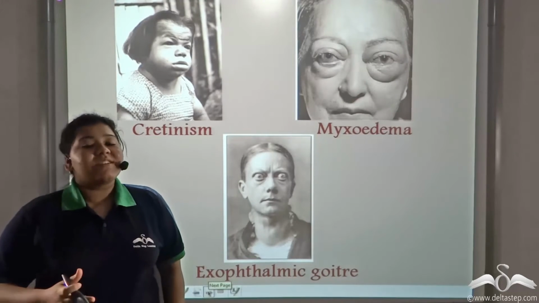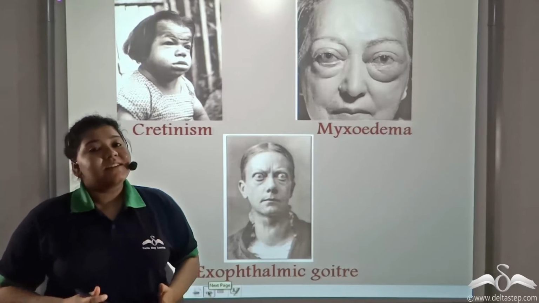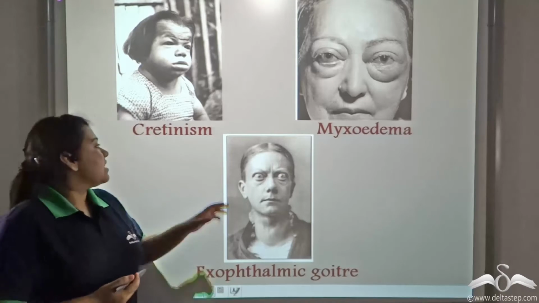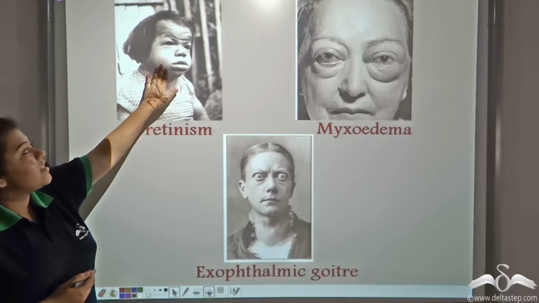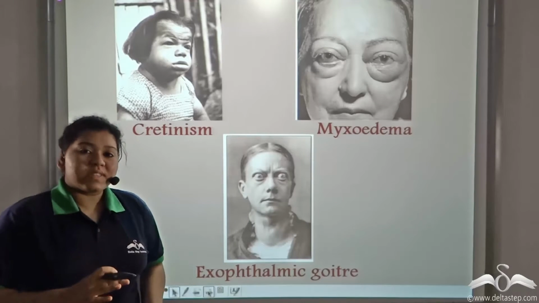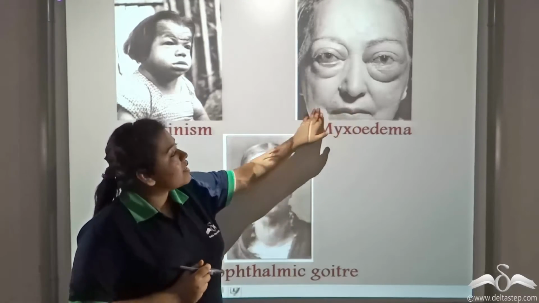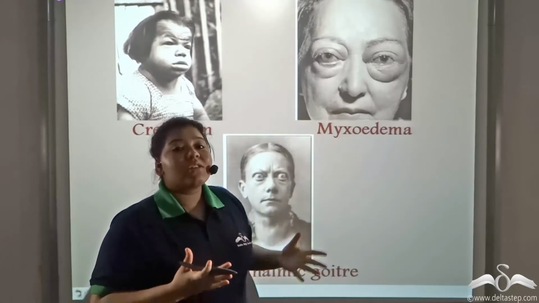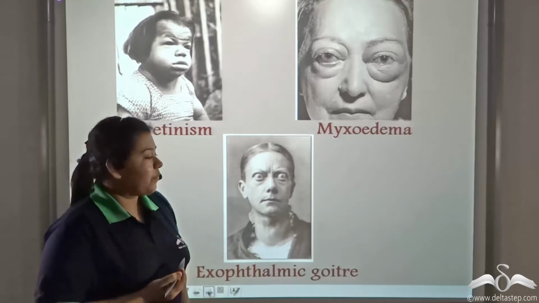Now, hyposecretion of thyroxine or less secretion of thyroxine does not only cause goiter, but it causes other diseases such as cretinism in children that is characterized by mental retardation and also dwarfism, and myxedema in adults, symptoms of which are puffiness of face or swelling of face and hands and fatigue.